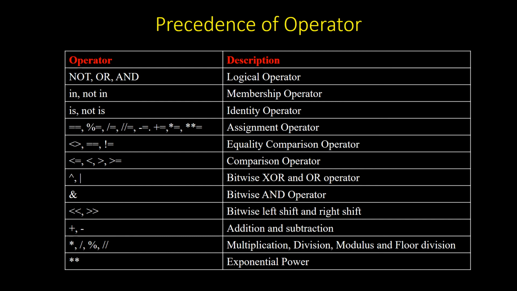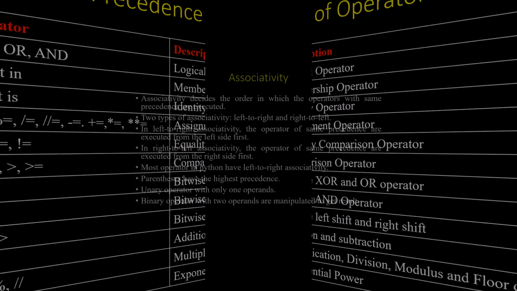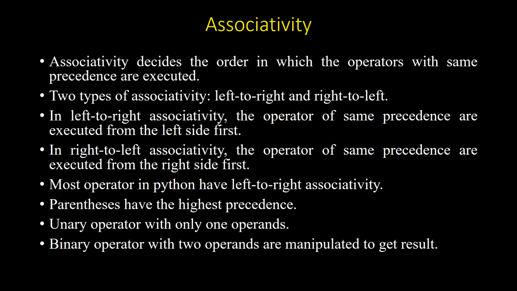Suppose an expression has two operators having the same precedence. In that case, associativity is used to evaluate the expression. Associativity is the direction in which we evaluate the operators if they have the same precedence. That is what is meant by associativity. Associativity decides the order in which operators with the same precedence are executed.